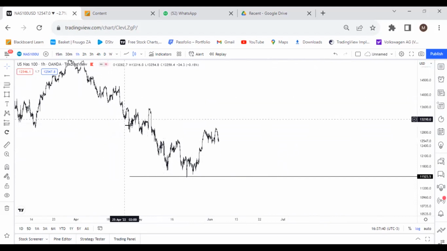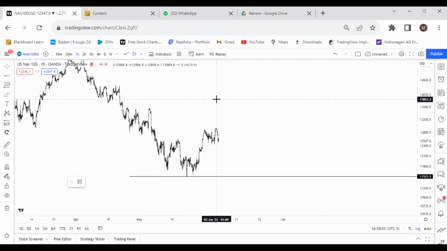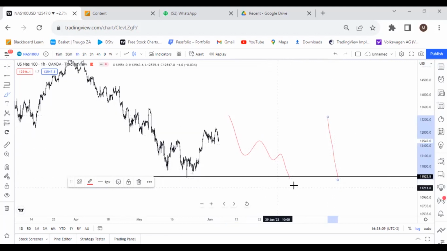Your options are it got there in an impulse or in a corrective formation. How did it get there? How does it get a lower low? Is that what you say? No, I'm asking whether the price got there in a corrective manner or in an impulse.